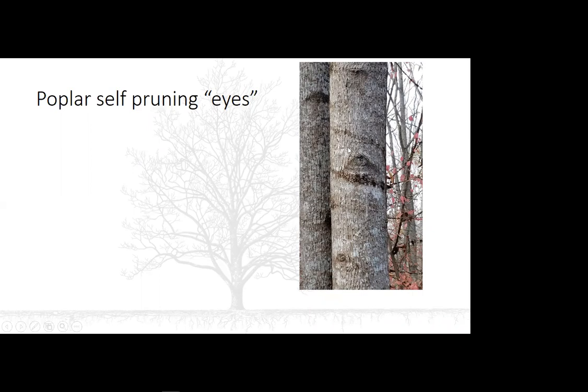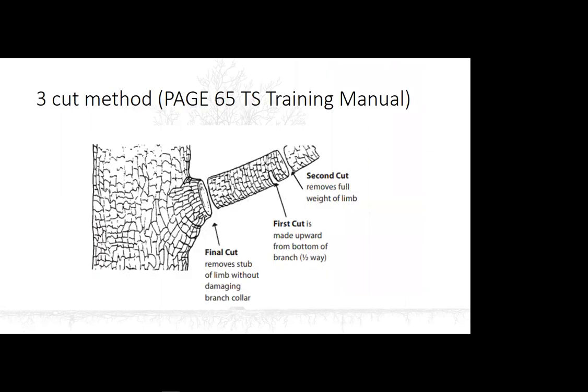And over time, as the trunk of the tree expands, this will disappear because you get complete bark growing over the eye there, and this branch bark ridge will eventually get pushed far enough out that it will just slough off. So that's part of what the tree is doing naturally.